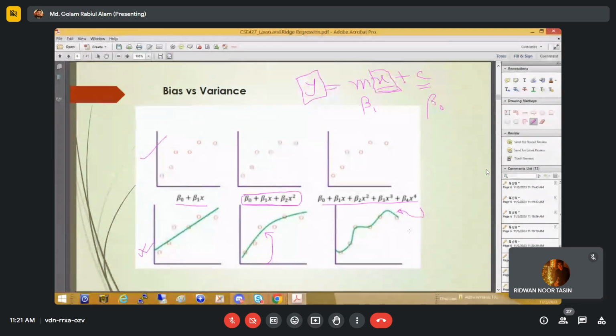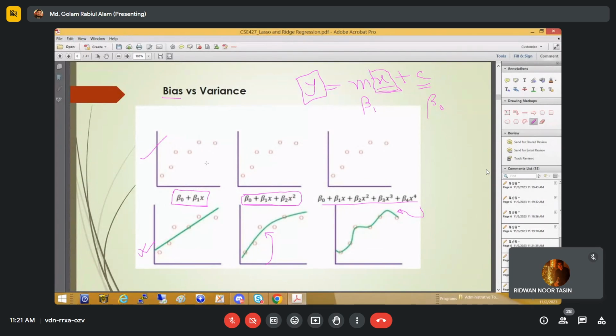Then the problem we have is that if we apply just a linear model, and our data set is actually not suited for the linear model, then we will get a higher error. Usually we call this higher error the higher bias.